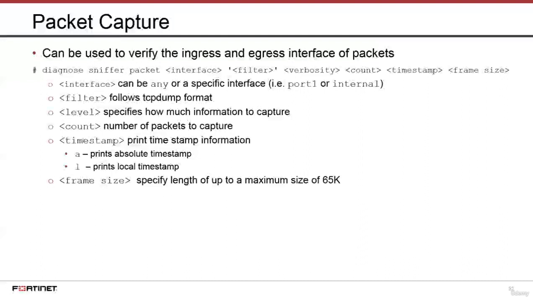You will learn more about debug flow later in the course. By default, the sniffer uses the maximum transmission unit configured on the interface. Using the frame size argument, you can specify a length larger or smaller than the interface maximum transmission unit. If you use the any interface, the sniffer will default to 1600 bytes.